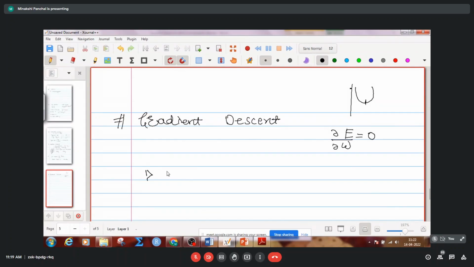What are those three? Batch-wise gradient descent algorithm. The second one is stochastic gradient descent algorithm. The third one is mini-batch-wise. Don't get confused between batch-wise and mini-batch-wise. In batch-wise, your complete data is considered as one batch. In stochastic, randomness will be there.